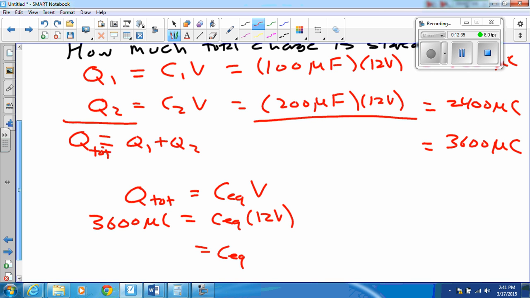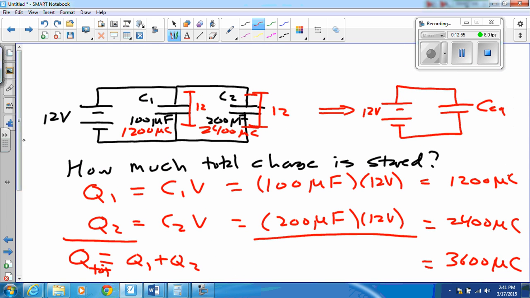So CEQ is going to be, let's see here, what's 3600 divided by 12? 300. And what's a microcoulomb divided by a volt anyway? Not a farad, but a microfarad, exactly. So my equivalent capacitance is 300 microfarads, just like so.